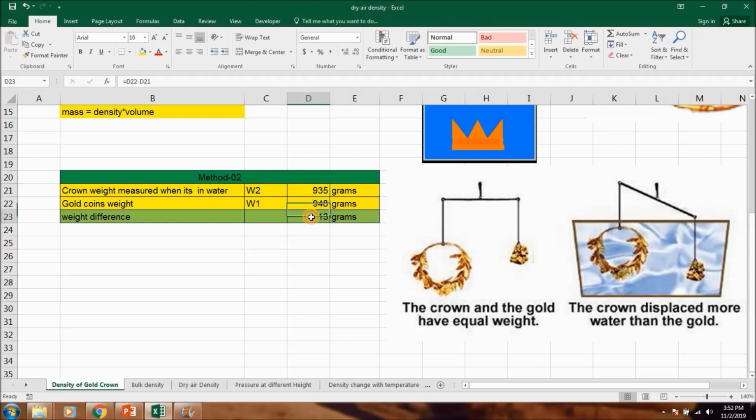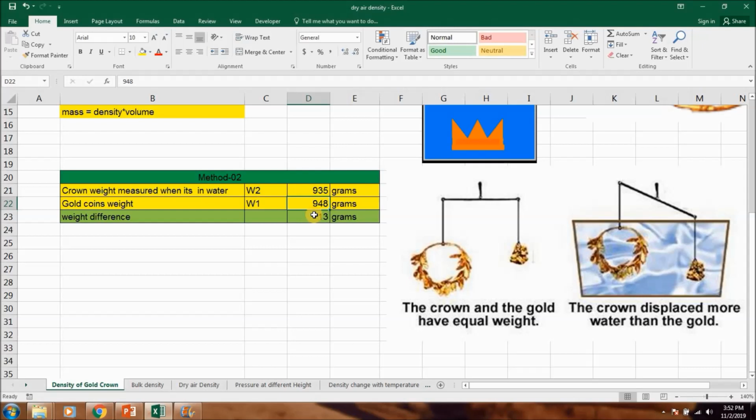Then again he got the 13 grams of weight difference. When he measured, the weight of the crown is 935, and when he measured the gold coin in the water, the weight is 948 grams. Then the weight difference is 13 grams.